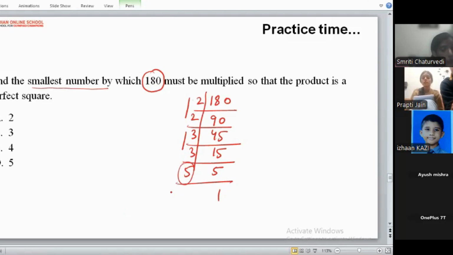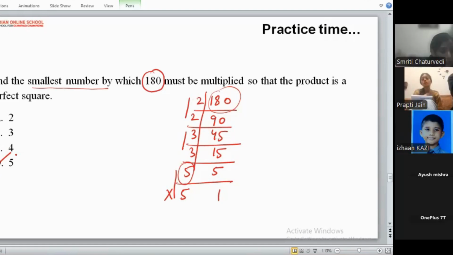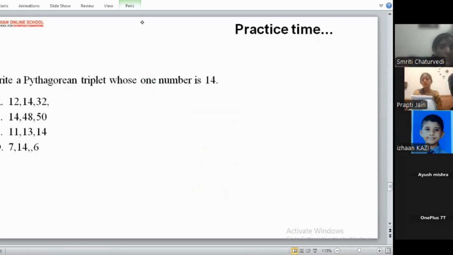If we are going to multiply the entire thing with 5, so 5 is also having a pair now. So what is the smallest number by which we can multiply this 180 to make it a perfect square? Then the smallest number is gonna be 5. Understood? Easy peasy. We can do this because we already know about the prime factorization. Okay, let's have the next question.